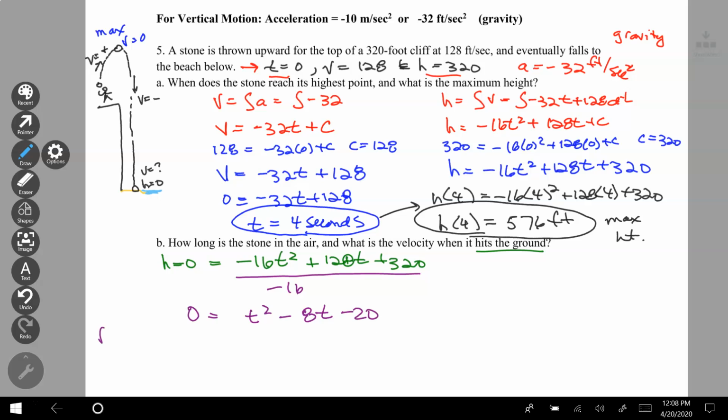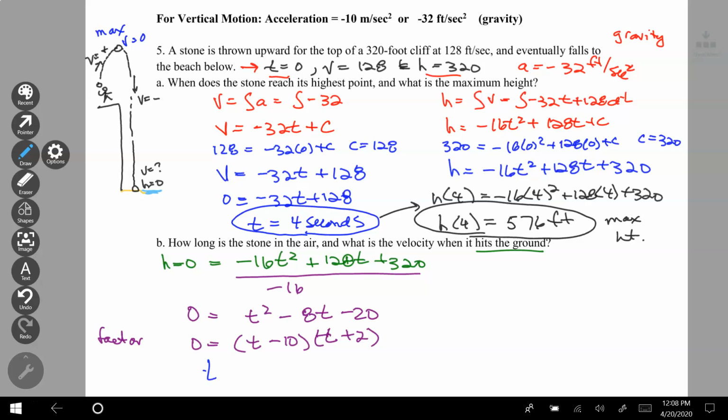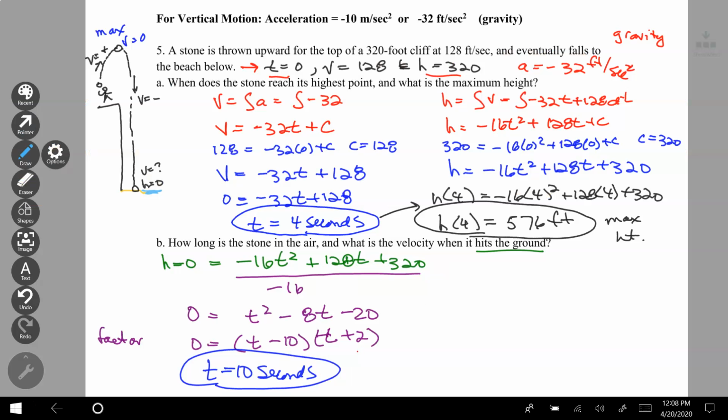And I say, well, I can factor this. I get 0 equals t minus 10, t plus 2, and I get, for my time, t equals 10 seconds. That's when it hits the ground, because t equals negative 2 is an impossible situation. You can't go back in time.